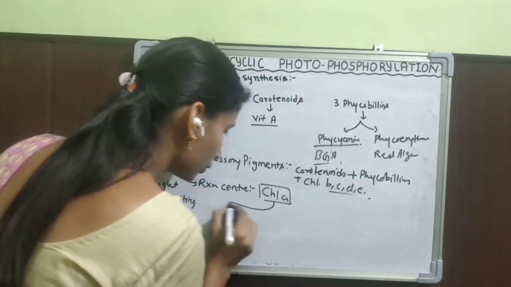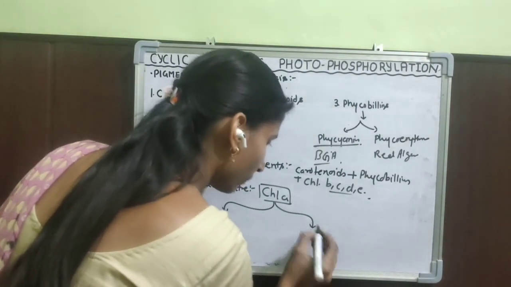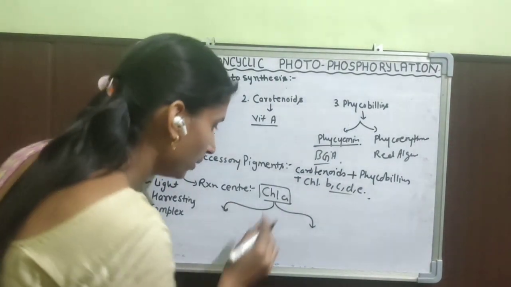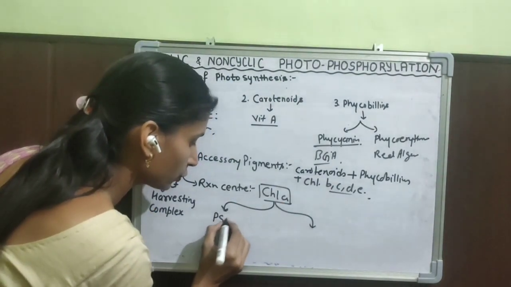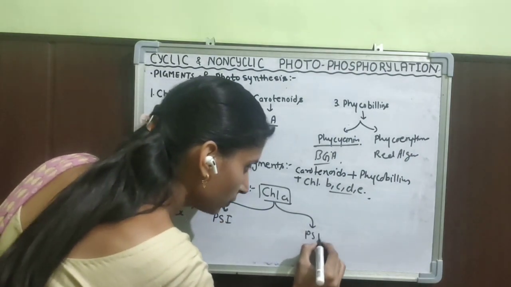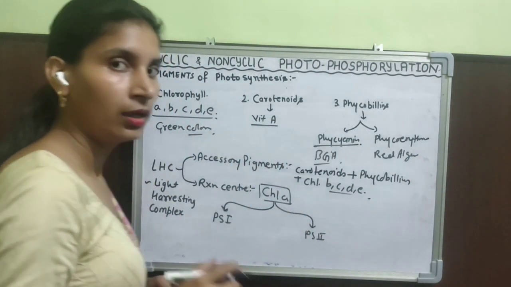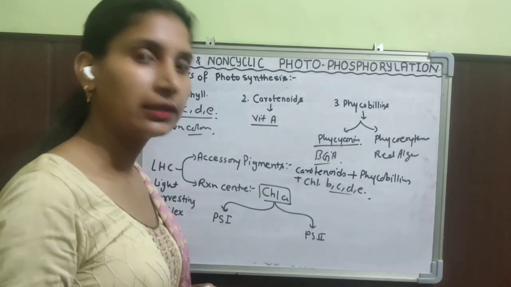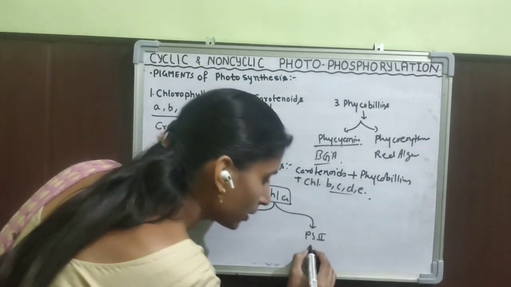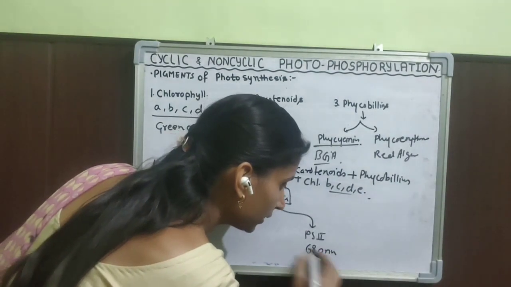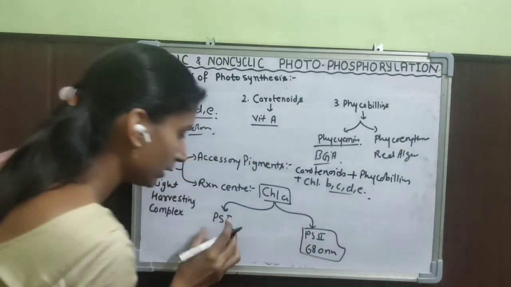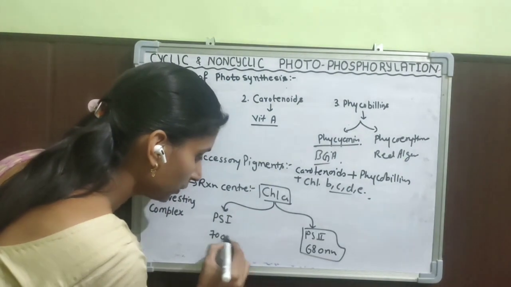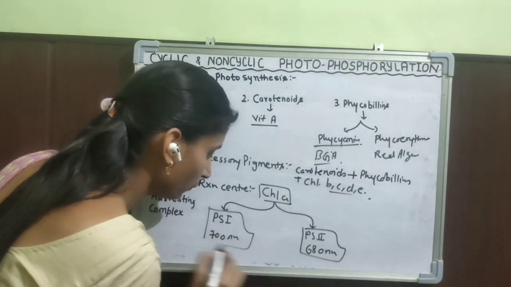There are two photosystems found in the chloroplast, on the thylakoid membrane: photosystem 1 and photosystem 2. This chlorophyll absorbs light at two wavelengths. If it absorbs light at 680 nm, it is photosystem 2, and if it absorbs 700 nm, it is called photosystem 1.